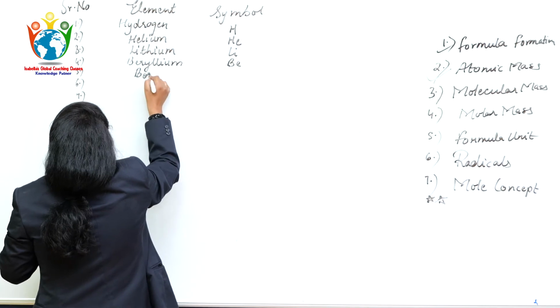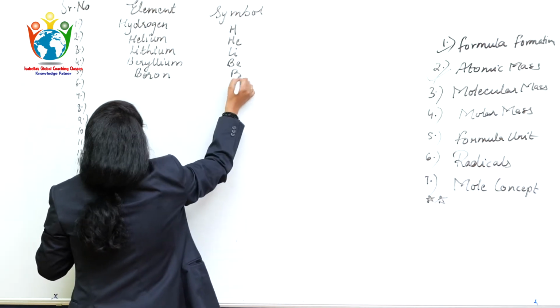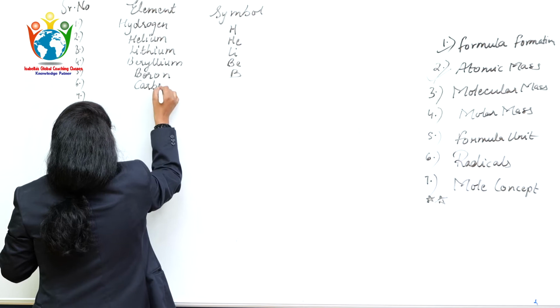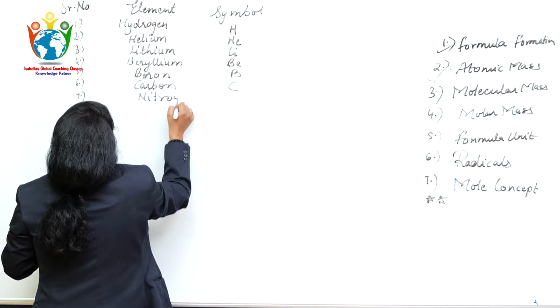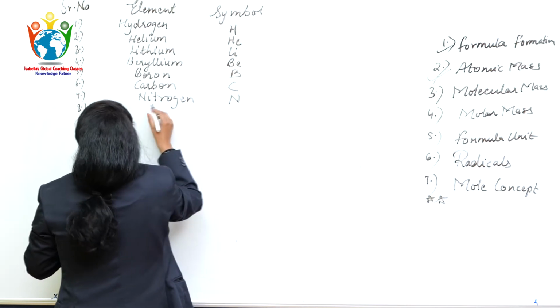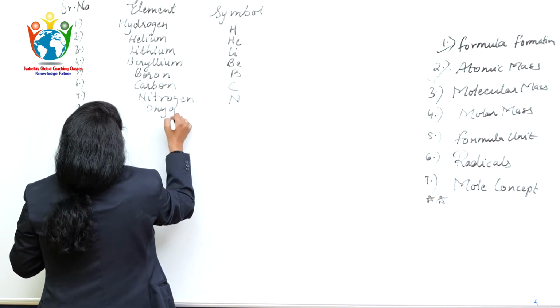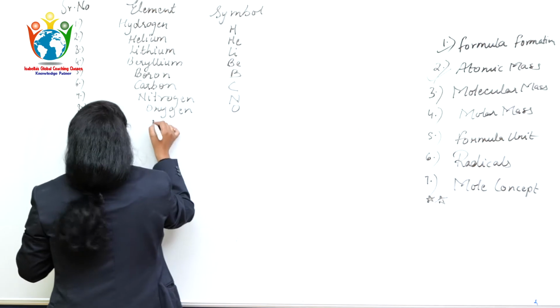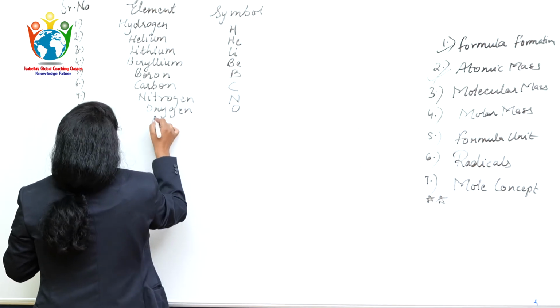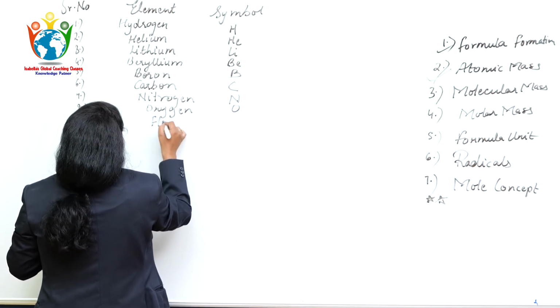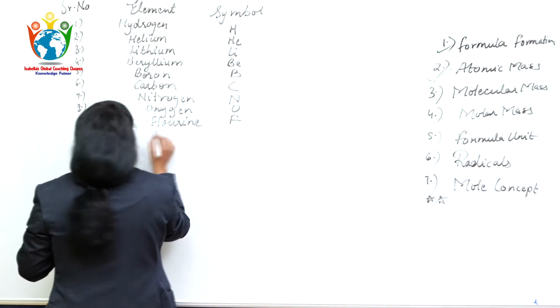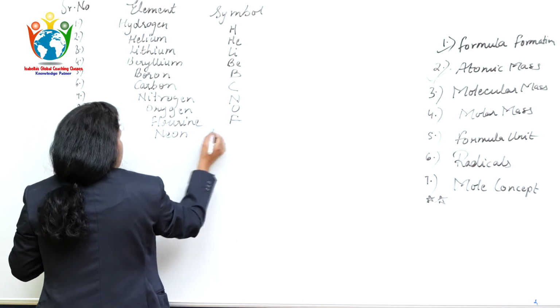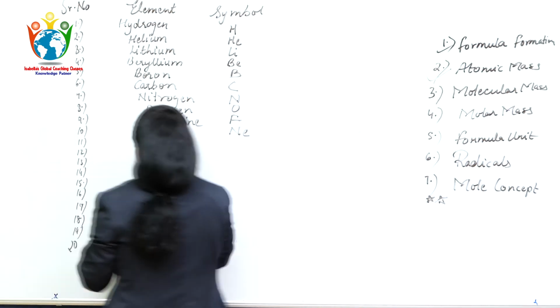Boron, B. Carbon, C. Nitrogen, N. Oxygen, O. Fluorine, F. Neon, Ne. You can see this.